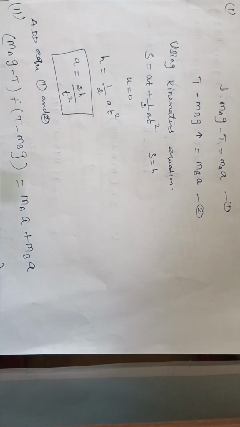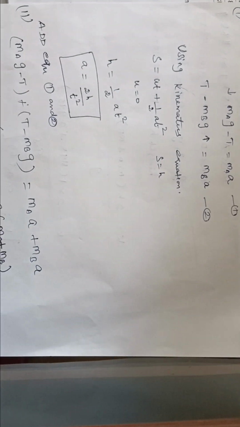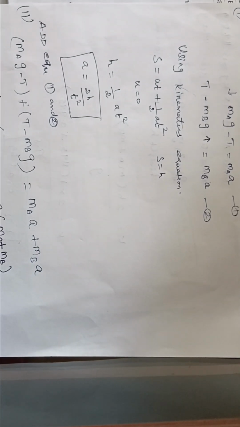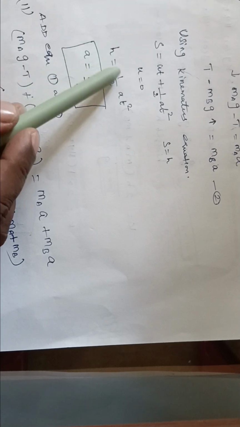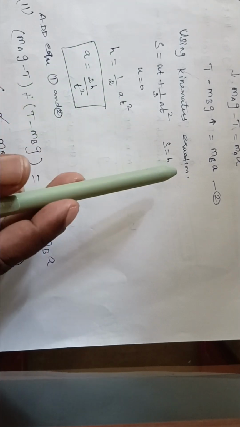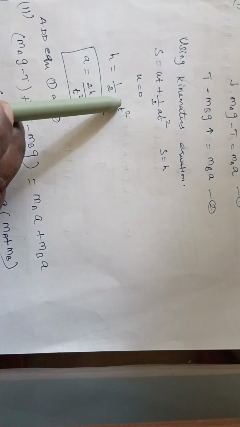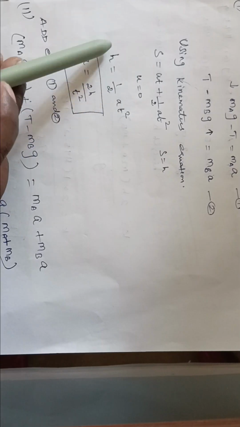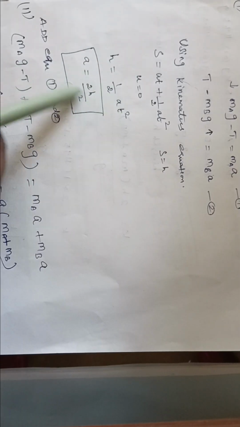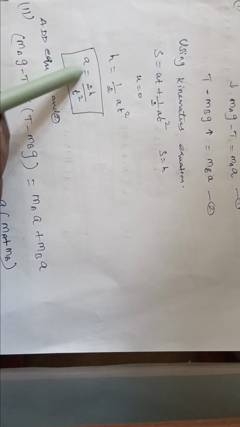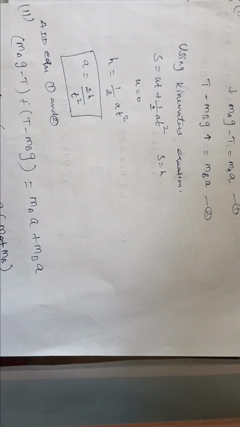When the setup is arranged, initially it is 0. Only afterwards when we release it does it start to accelerate. So h equal to half at squared. What we want to find is a equal to 2h by t squared.